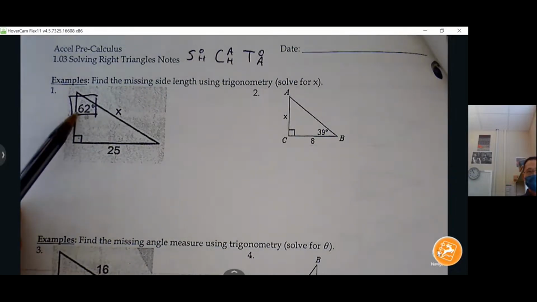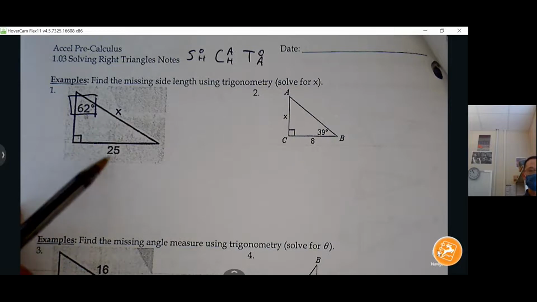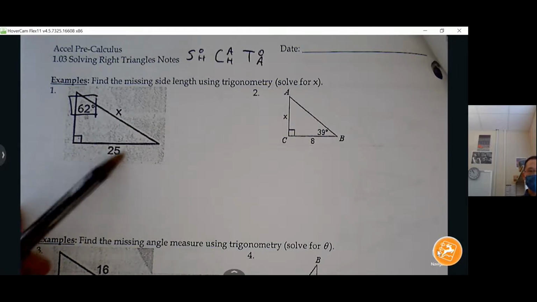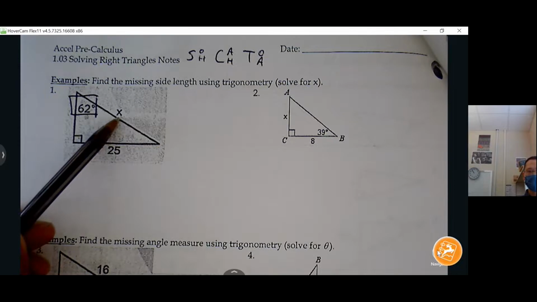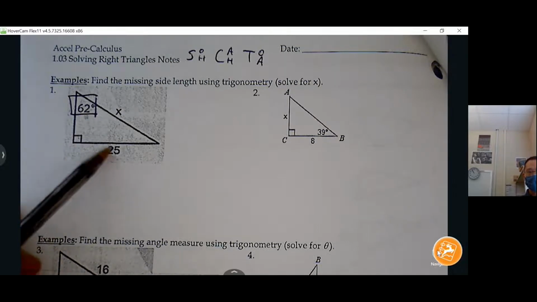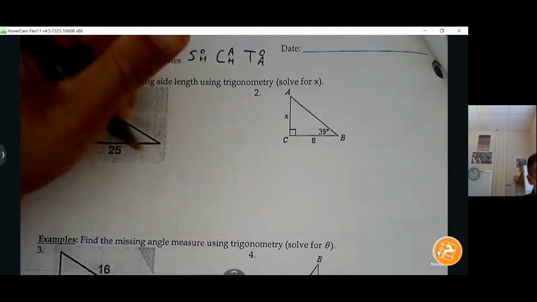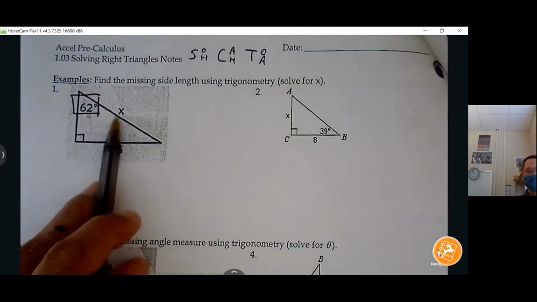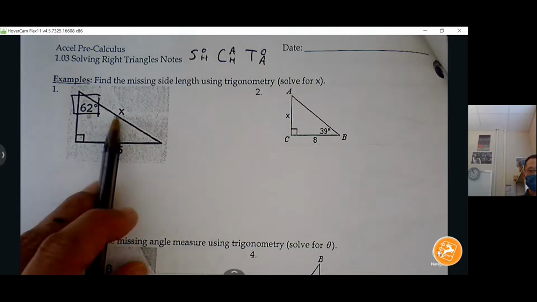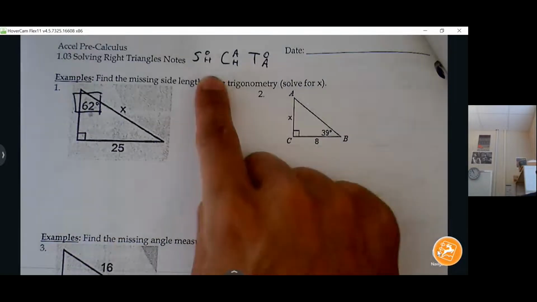So let's look at the parts of the triangle where there's information, either a number value given or the unknown variable we're solving for. If I'm here at 62 degrees, what's the 25 in relation to this 62? Opposite. And the x is part of the hypotenuse, right? So which trig function will be the best suited one for this problem? Sine. Okay, so we're going to use sine.